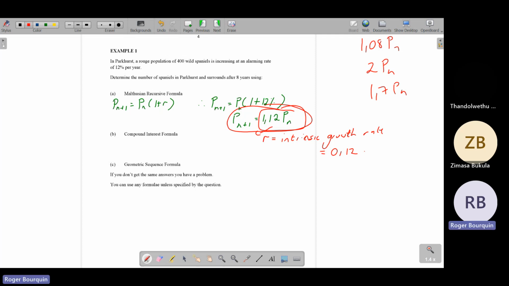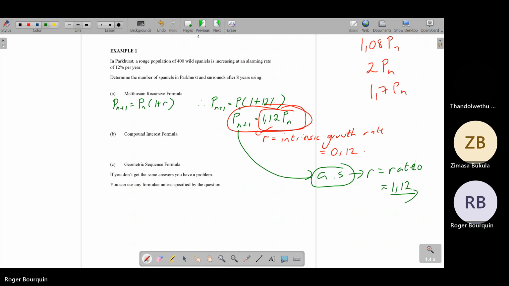However, if I said to you, describe this as a geometric sequence, R in a geometric sequence is not the same as R in the intrinsic growth rate. If I was talking about a geometric sequence, R as in the ratio, what are you timesing by to get from one term to the next? R would be equal to 1.12.